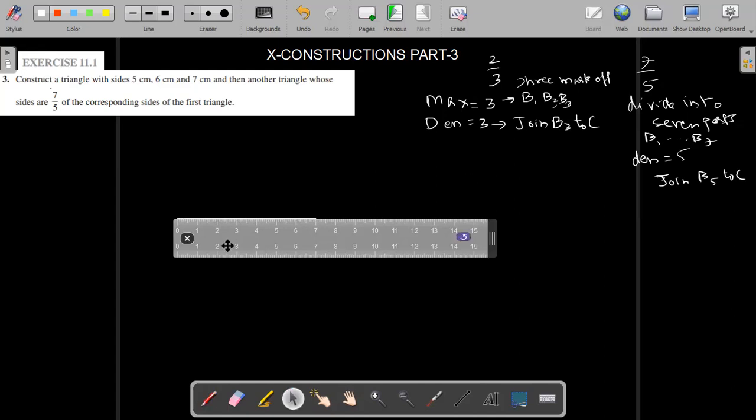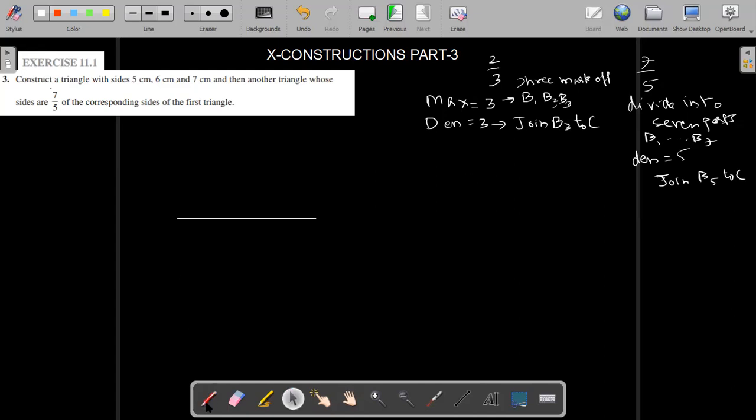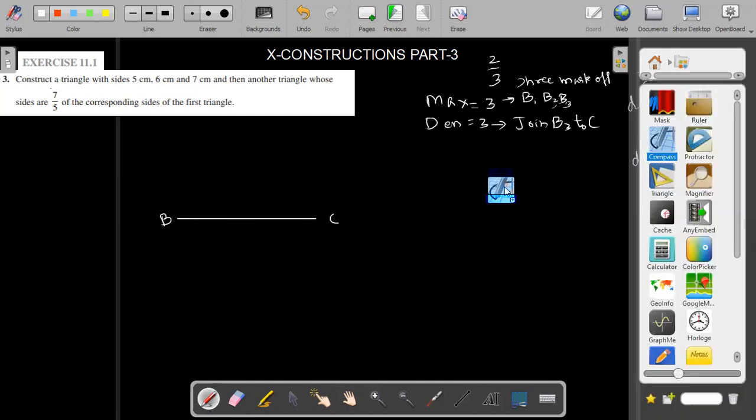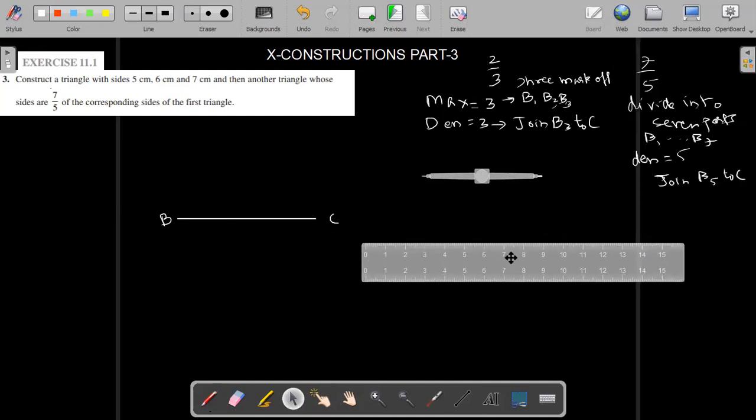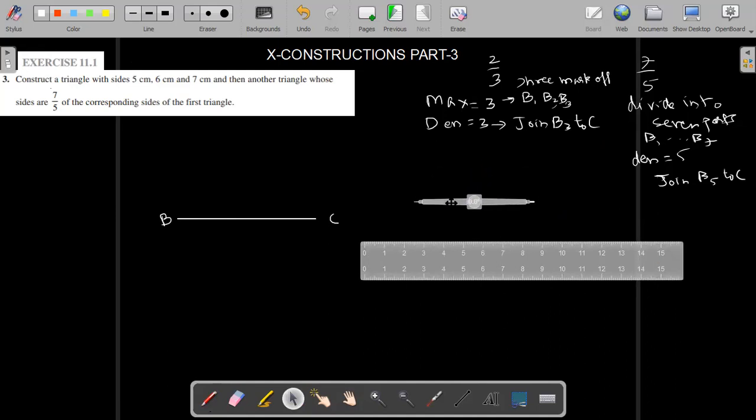Okay. B and C are 7 centimeters. Then 5 centimeters, one arc. Draw an arc at 5 centimeters.